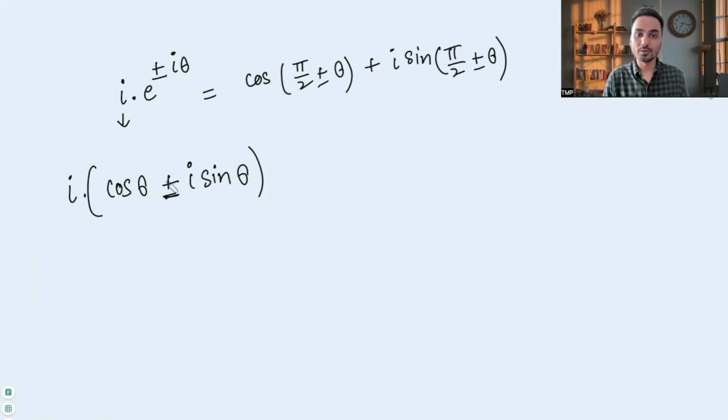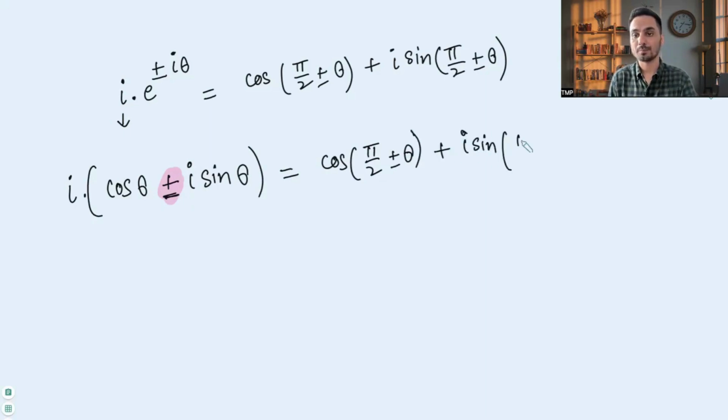And that is why I'm using a plus minus sign here. So iota times (cos theta plus minus iota sine theta) is equal to cos (90 plus minus theta) plus iota times sine (90 plus minus theta).